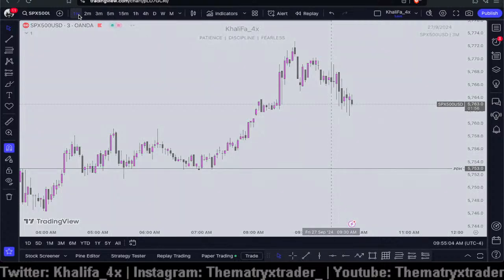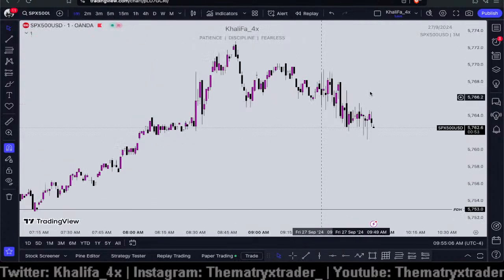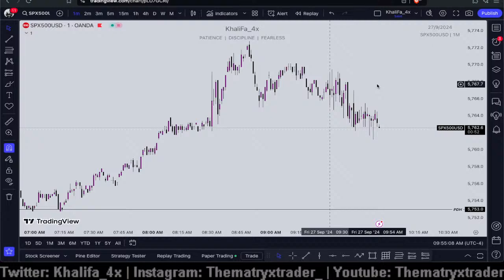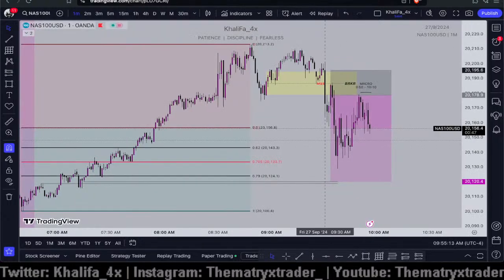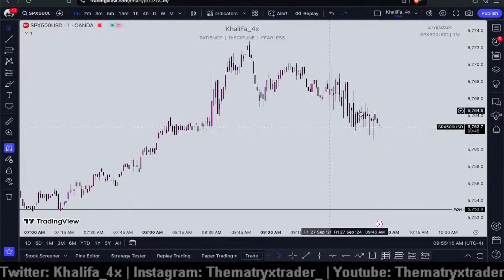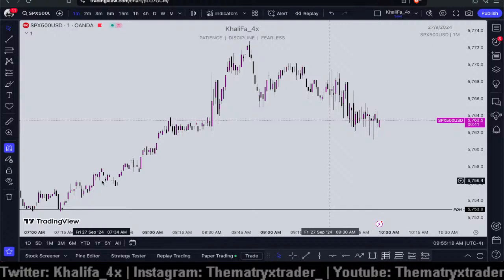Now what I have observed is that when SPX has this kind of price action, you see so many gaps, this choppiness in this price action, it does not give us an entry.